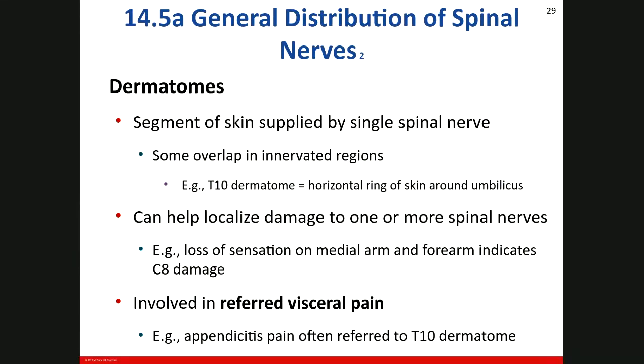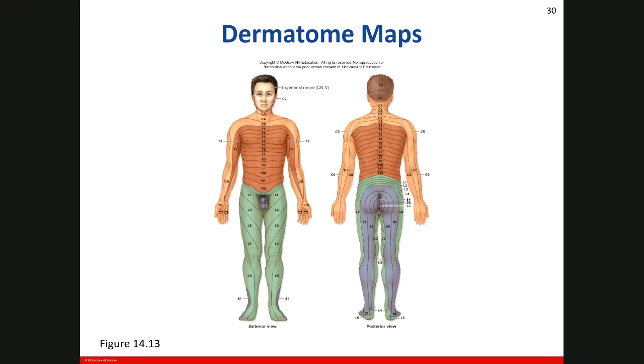And I will show you in the next picture. Look here, you can see some strips on the surface of the body. These strips are located in the anterior view and also the posterior view. Each of these strips is innervated by a specific spinal nerve.